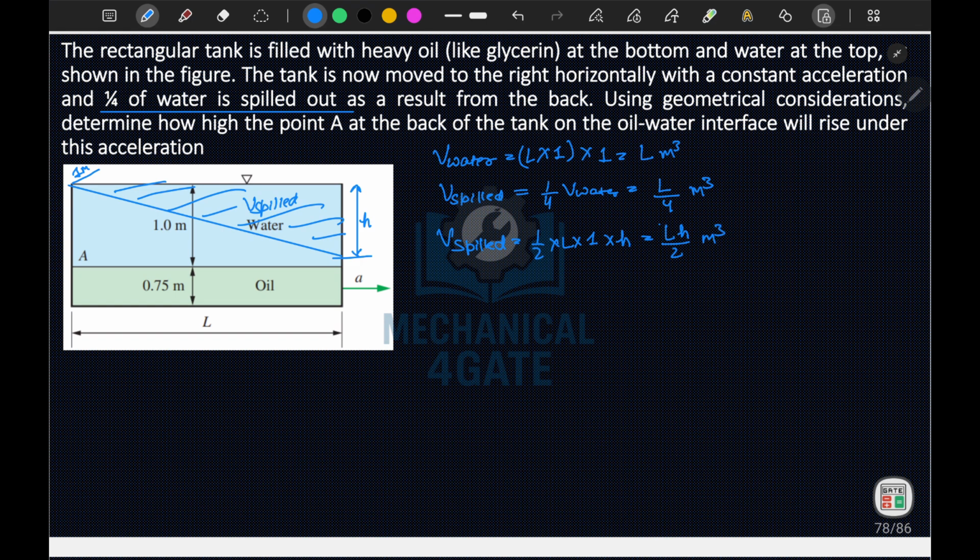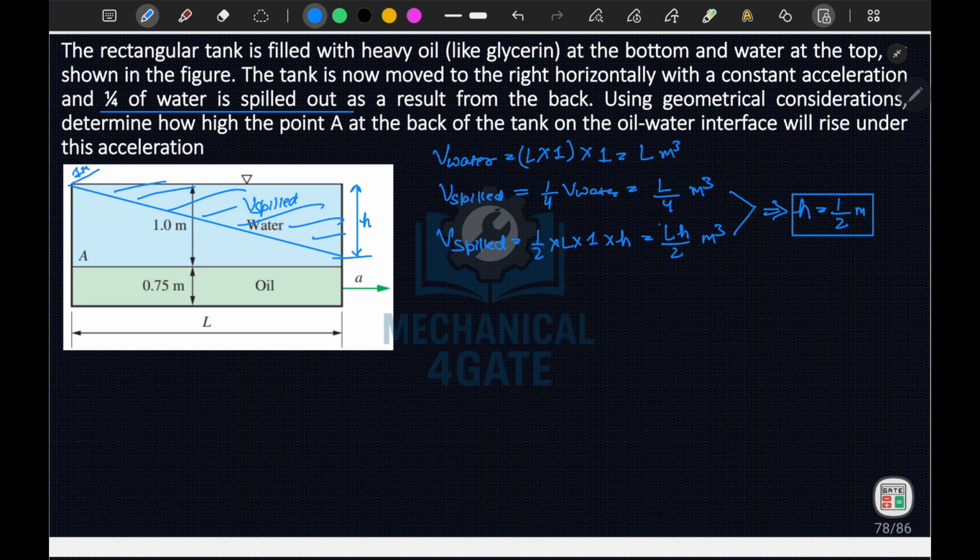If I equate both of these, I will obtain H is equal to 1 by 2 meter. So H is equal to half meter, and the location will be something like this.